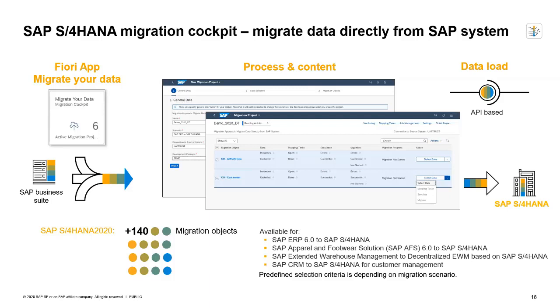And there are also such scenarios available as transfer data from SAP ERP 6.0 to SAP S4HANA, SAP apparel and footwear solution 6.0 to SAP S4HANA. You can also transfer data from SAP extended warehouse management to decentralized WM based on SAP S4HANA, and transfer data from SAP CRM to SAP S4HANA for customer management. The data load is API based, meaning that you use an API to transfer data to SAP S4HANA.